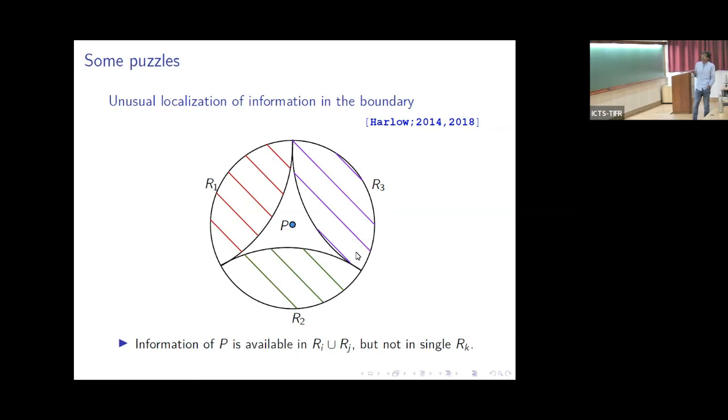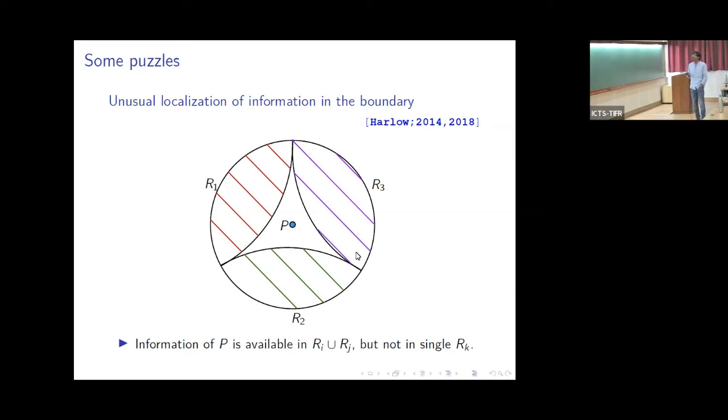These are all constant T slices, these disks, and the boundary is this circle, and we divide the whole boundary into three equal parts, R1, R2, and R3. And see, R1 and R3 have information about P, because when you take R1 and R3, the minimal surface will be this line, and so it already contains P.